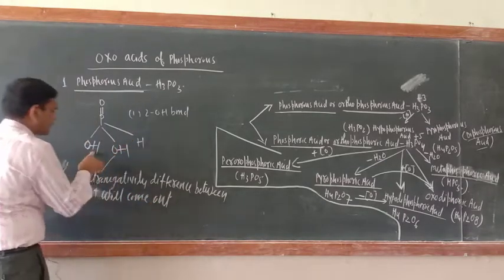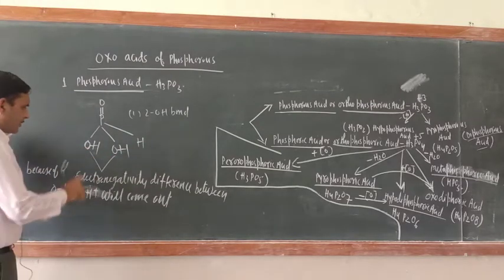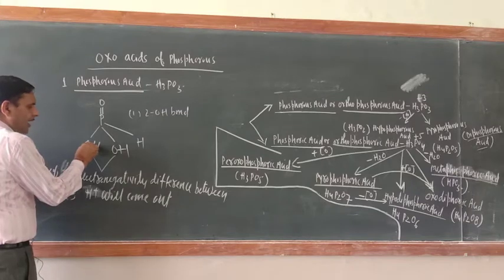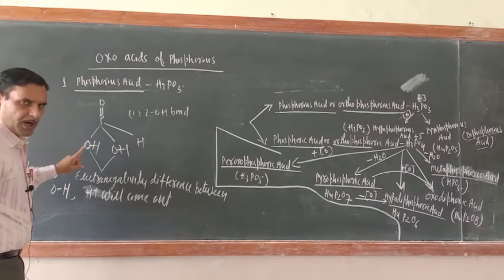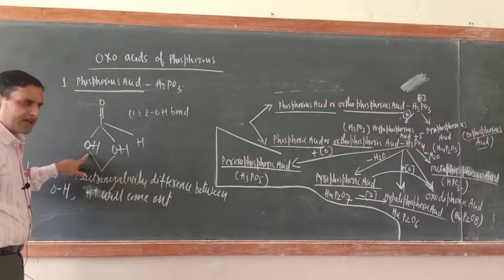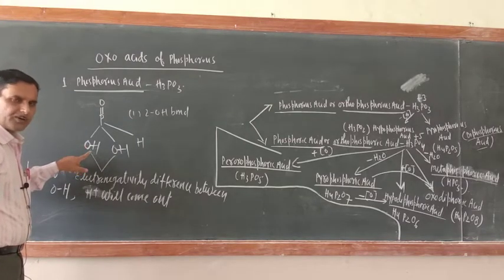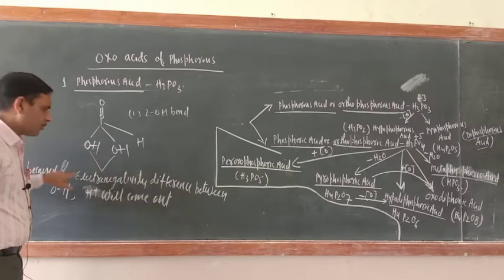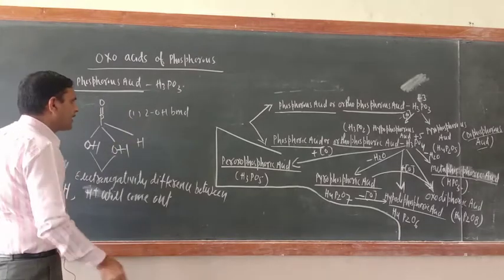Between O and H there is a sharing of 1 electron. O is more electronegative than hydrogen, so the bond pair electron will be shifted toward the oxygen and H will come out.